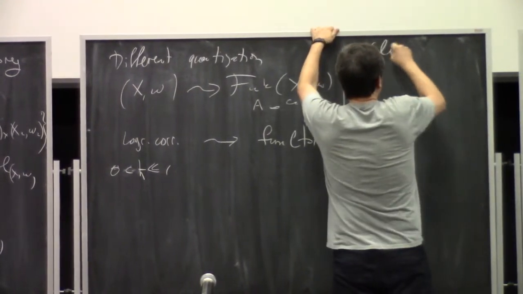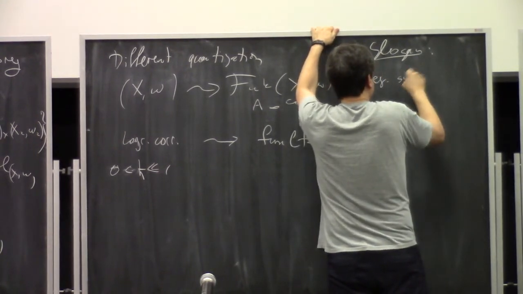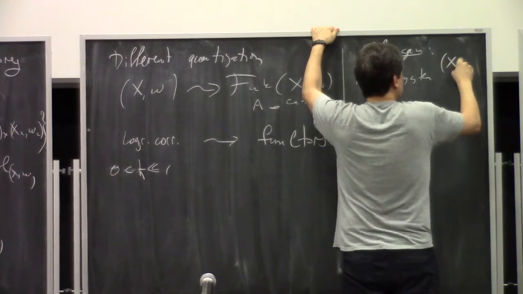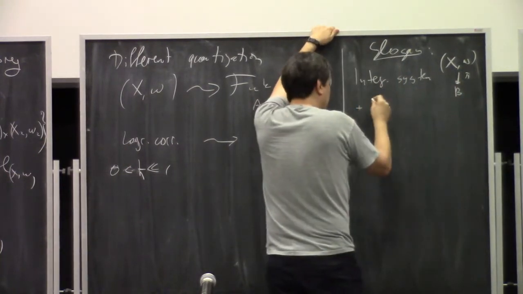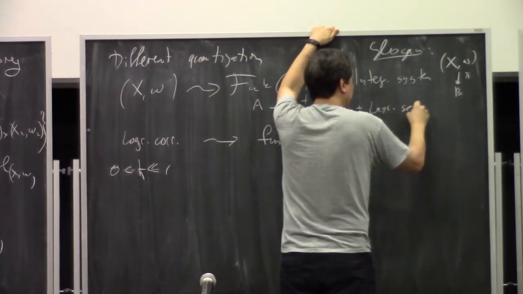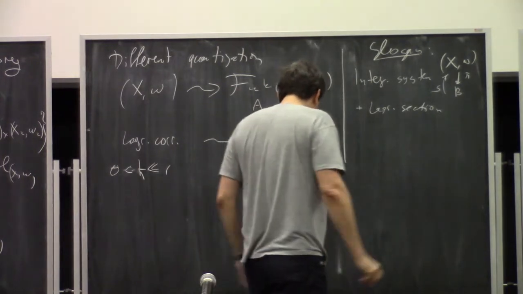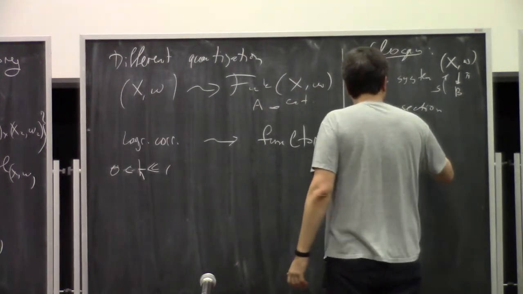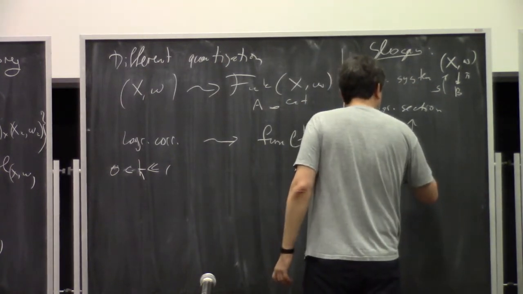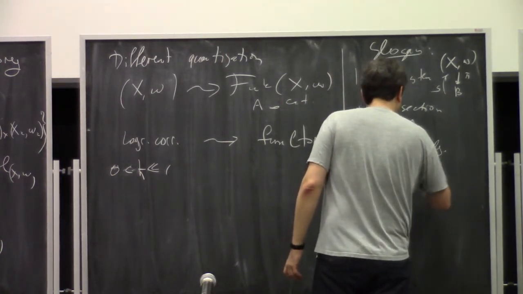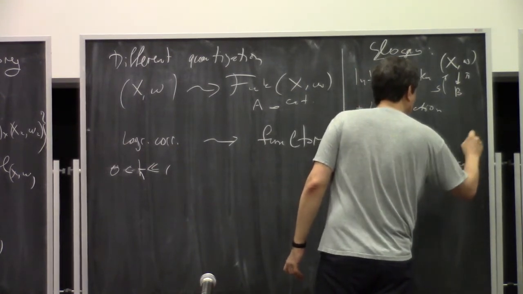The slogan of my lecture is that an integrable system, meaning that you fiber your symplectic manifold over some base, plus a Lagrangian section S, is the same as a commutative associative algebra in the Weinstein category.